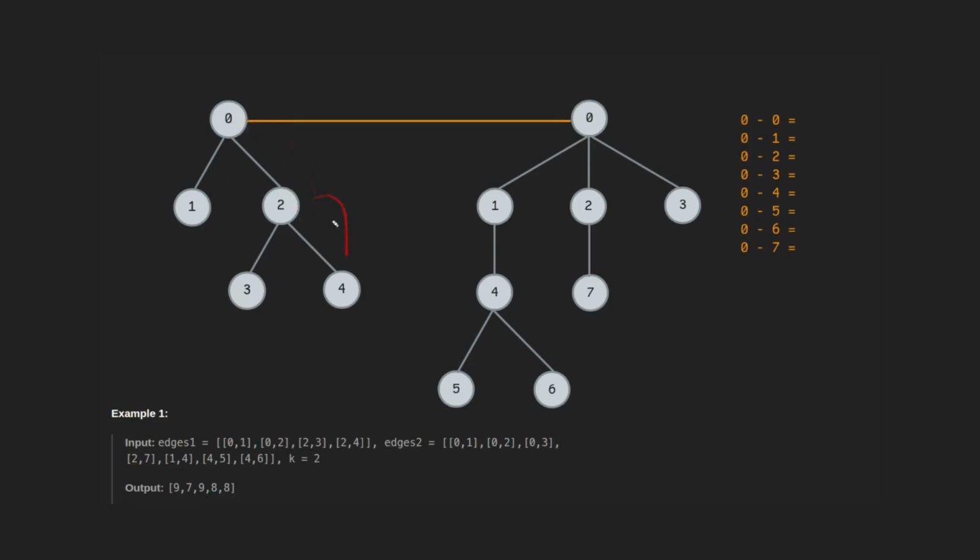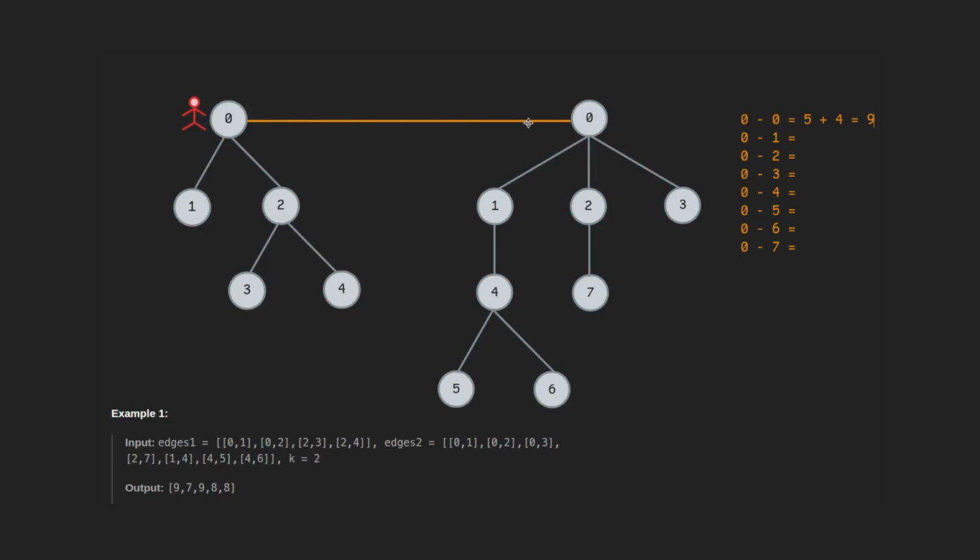So if a person is standing at 0, the maximum reachable nodes after connecting 0 to 0 is 5 from the first tree and 4 from the second one. So the total is 9.